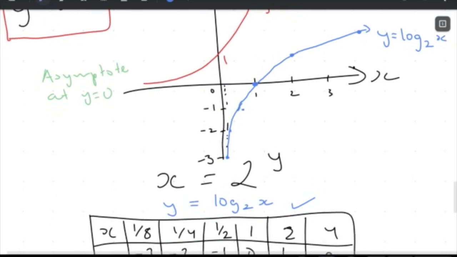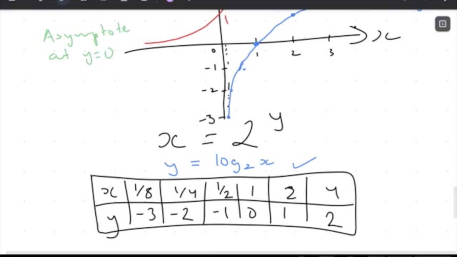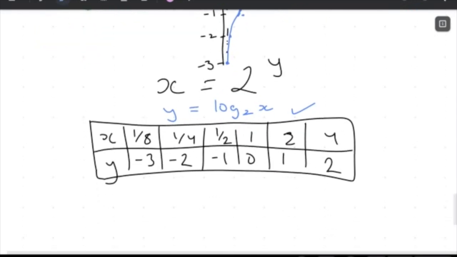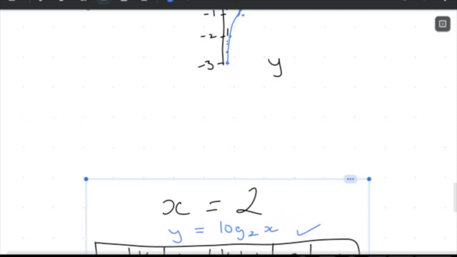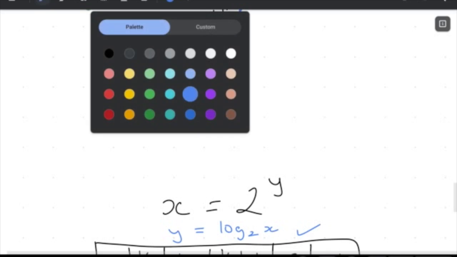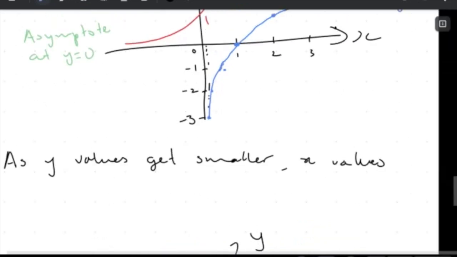Now, let's just make a couple of observations. For one, I can see that for smaller values of y, so as my y keeps going down here, my x is going to get smaller. So let's actually move this down. A couple of things I notice is that as y values get smaller, the x values, well, what are they going to approach?